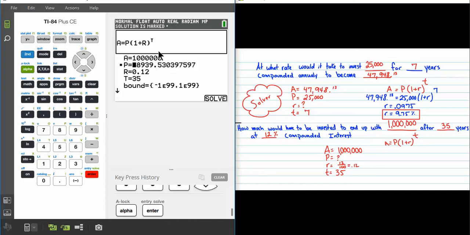That seems almost unbelievable, right? But that's the power of compounded interest. This is when your money makes money for you. So here's my setup. I use solver here to get P, and in this case, my P, my starting amount, would be 18,939 with 53 cents.